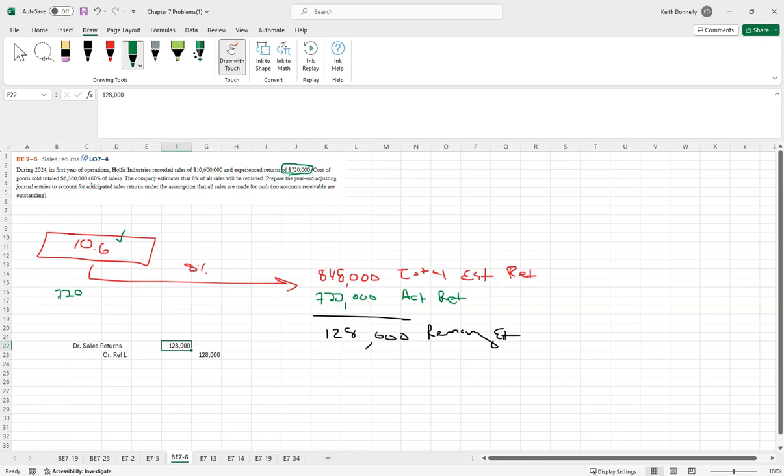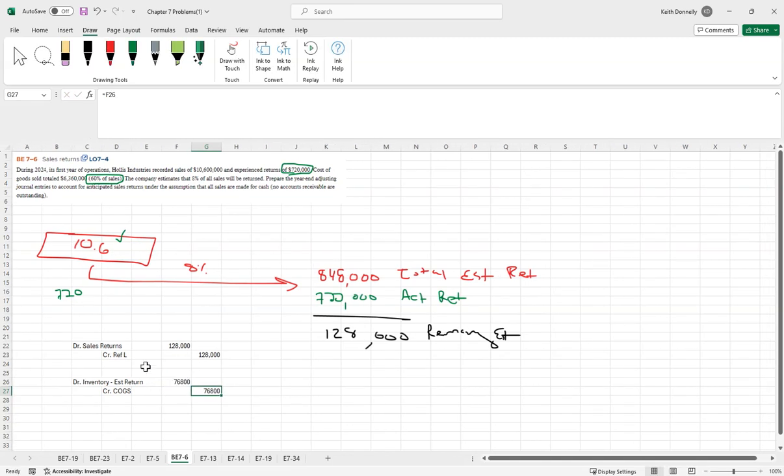They're telling us here that cost of goods sold is 60% of sales. So the sales here were 128, and we multiply that times 60%. We're looking at 76,800. So we're going to do a debit to inventory, estimated returns, and then a credit to cost of goods sold for the same amount.